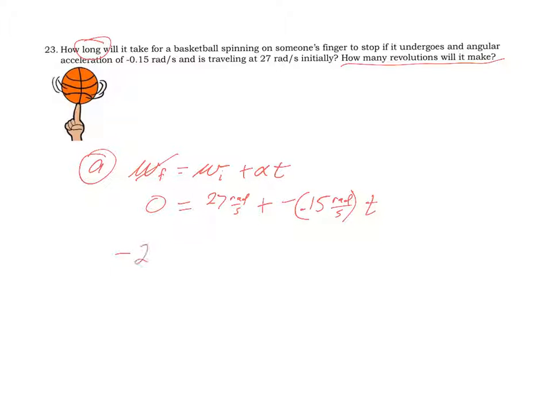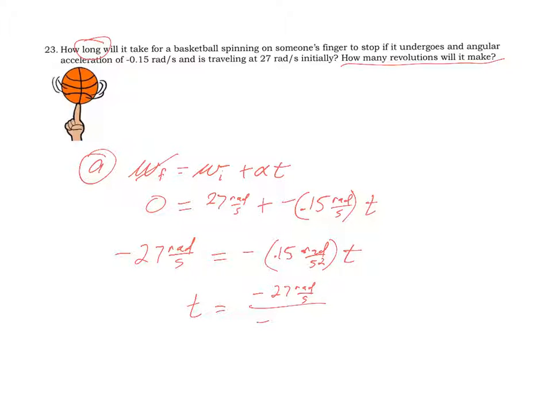So you have to subtract that 27 radians per second from both sides. And that's going to equal my negative 0.15 radians per second squared times time. I guess the negative should have been in the parentheses, whatever. T equals negative 27 radians per second divided by negative 0.15 radians per second squared.